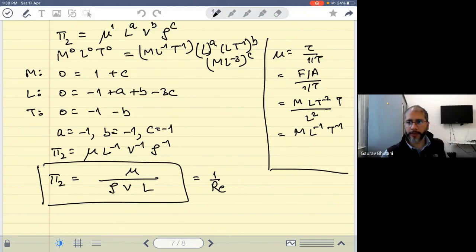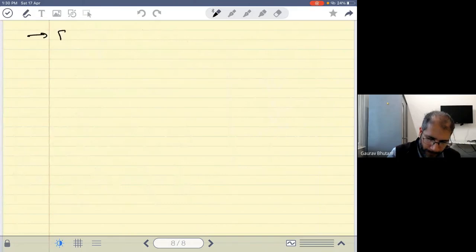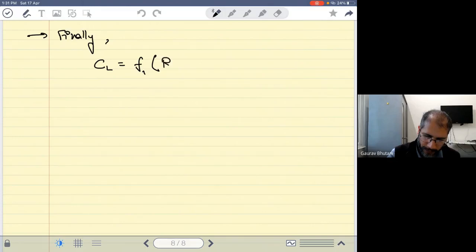So we have found out successfully the two pi parameters, pi1 and pi2. And the whole idea of using this Buckingham pi theorem was to reduce the number of variables in the functional relationship. So what we can now write finally is that our lift coefficient CL is some function f1 of 1 by RE.